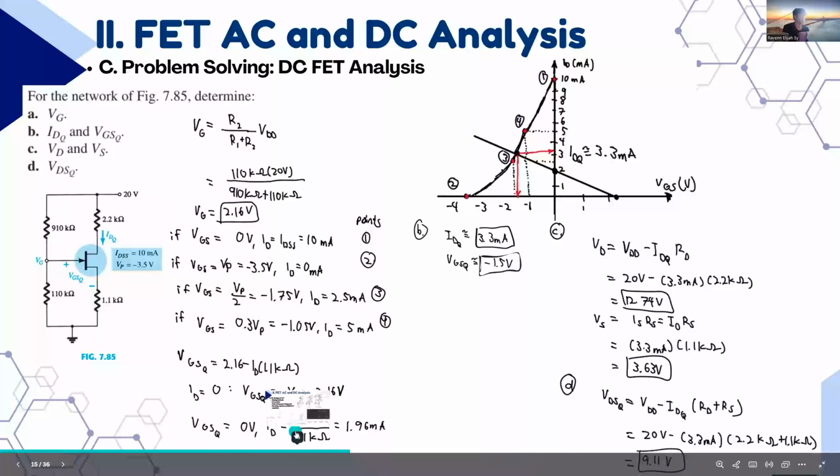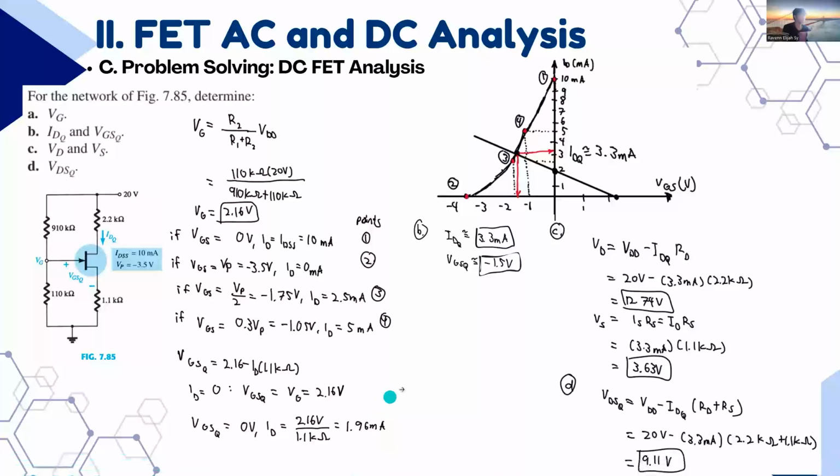So we plot point 2 at 2.16 volts, and ID around 2, because that's 1.96 milliamps. We use a ruler against these two points and project a line toward the curve.